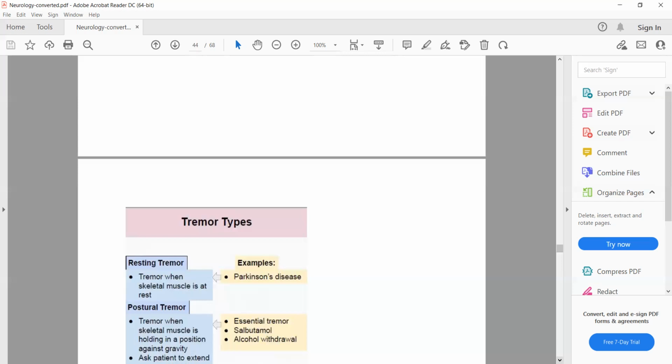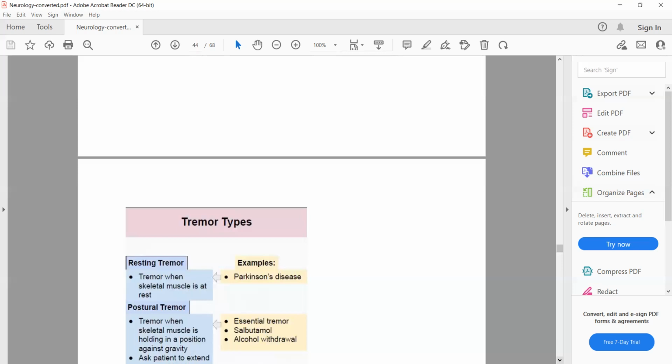So you can say that postural tremors are action tremors as well when they become severe. But it's not necessarily that they will be related to some cerebellar disease. Yes, postural tremors are not present in cerebellar disease.